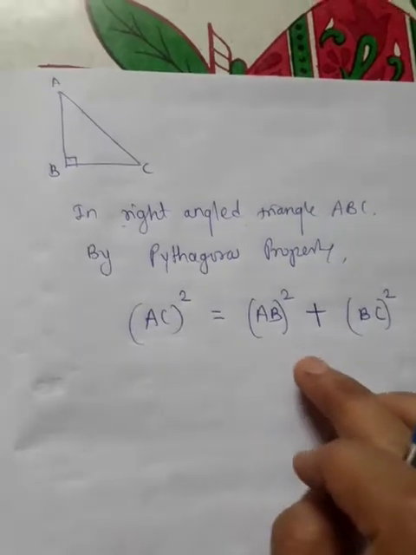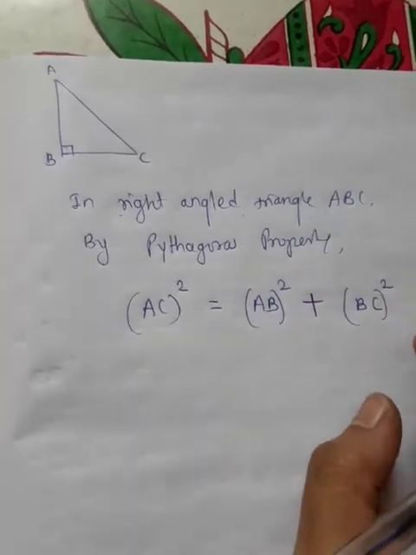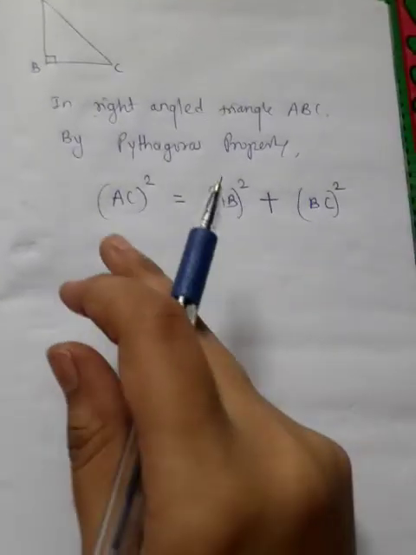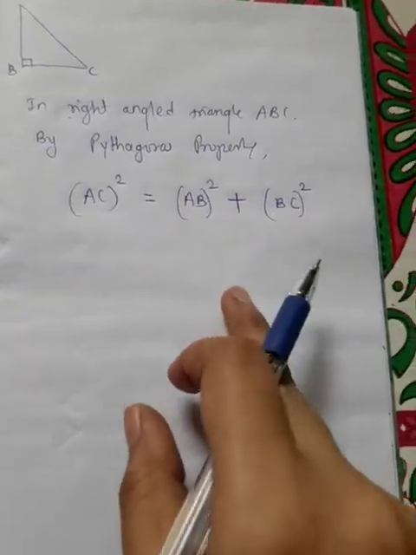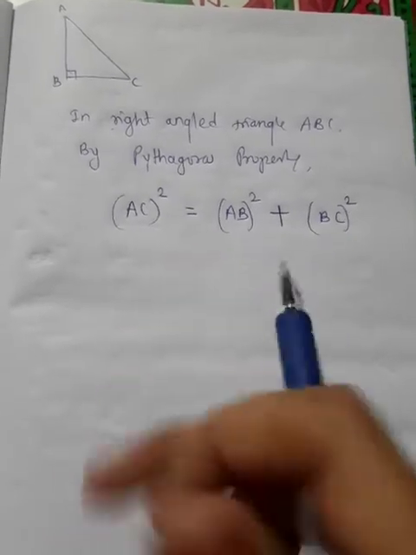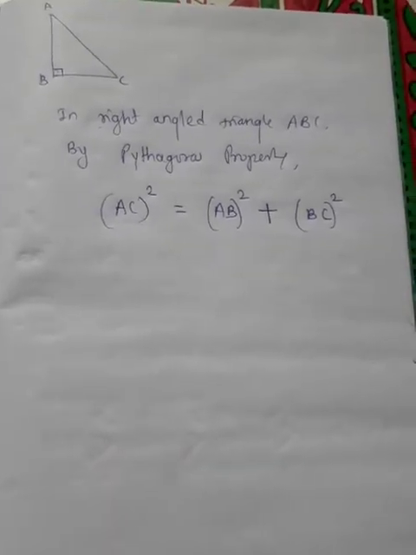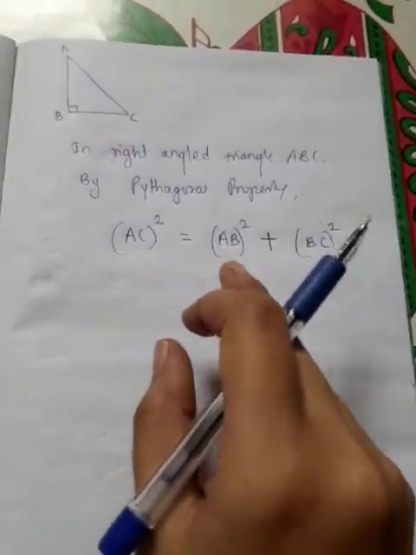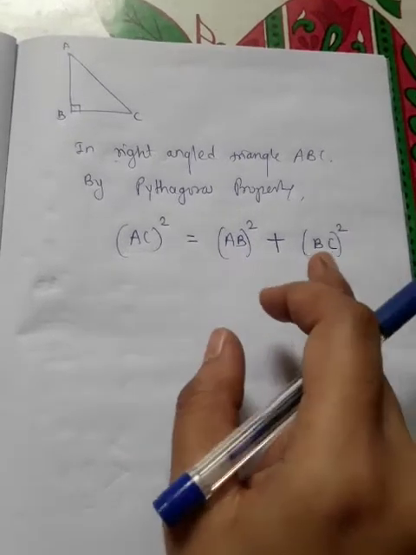Hypotenuse square is equal to the sum of squares of legs. This Pythagoras property is a very useful tool in mathematics, and it is formally proved as a theorem in later classes. So you should be clear about its meaning only.